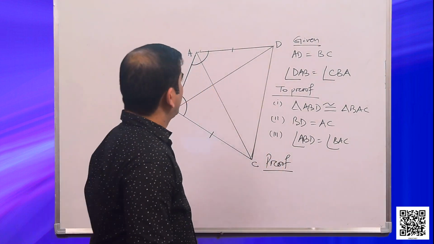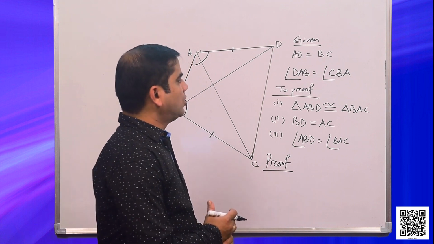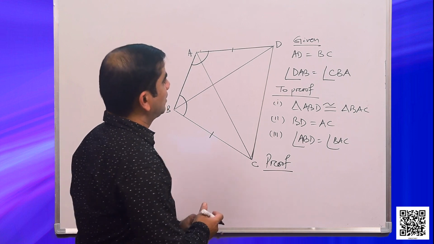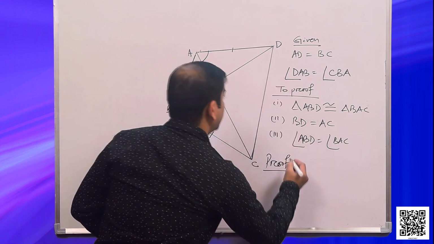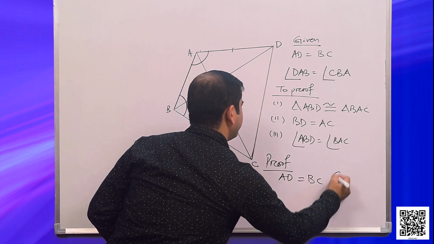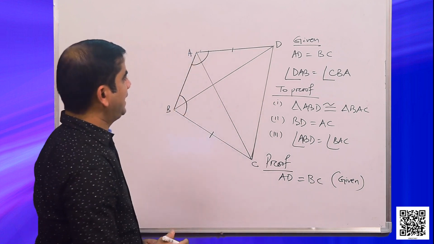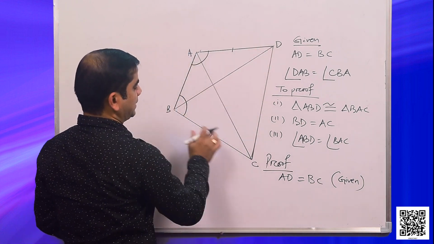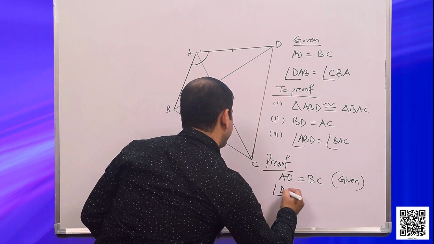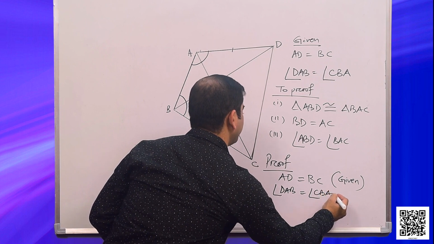Students, as per the given data, let us concentrate on triangles ABD and BAC. It is given that AD is equal to BC and angle DAB is equal to angle CBA.